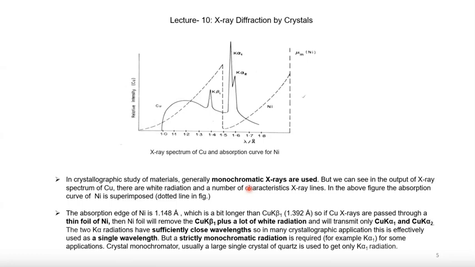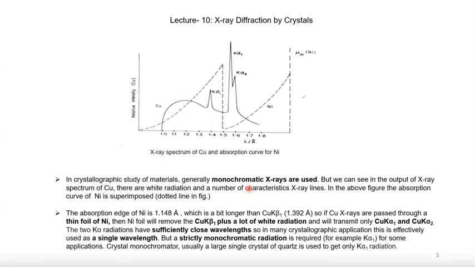In many applications we do use K alpha, both alpha 1 and alpha 2, as one single radiation, the same wavelength. But we also see that there are other crystallographic applications, for example, quantitative powder diffraction analysis or single crystal analysis, where we require even more strictly monochromatic radiation.